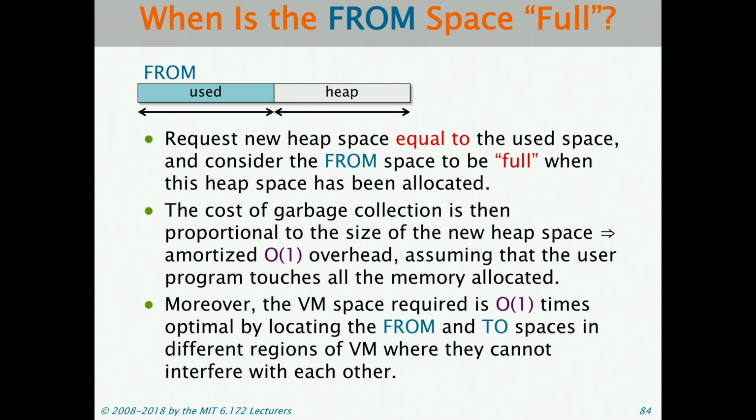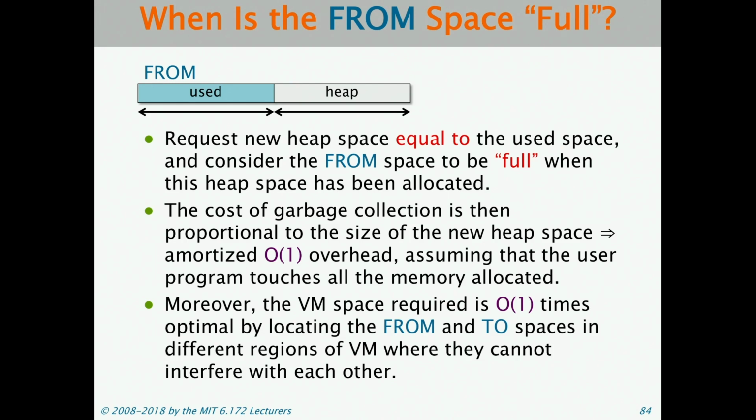So what happens when the from space becomes full? So what you do is you're going to request a new heap space equal to the used space. So you're just going to double the size of your from space, and then you're going to consider from space to be full when the newly allocated space becomes full.